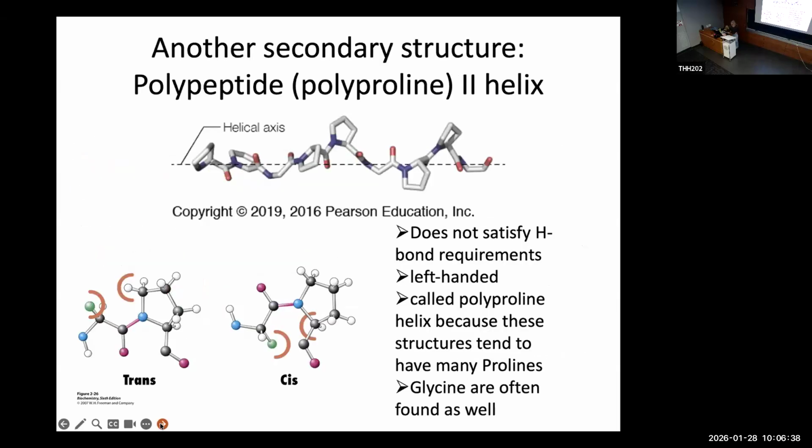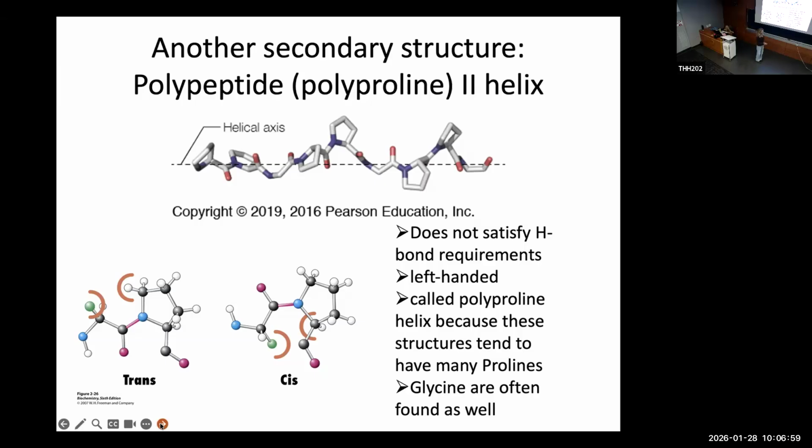All right, another secondary structure is called the polypeptide or polyproline helix, which probably makes the most sense. That is because the structure tends to form when you have multiple prolines in the composition of the polypeptide.